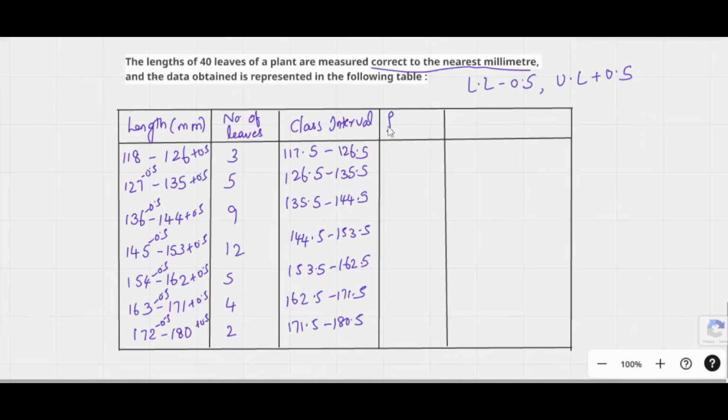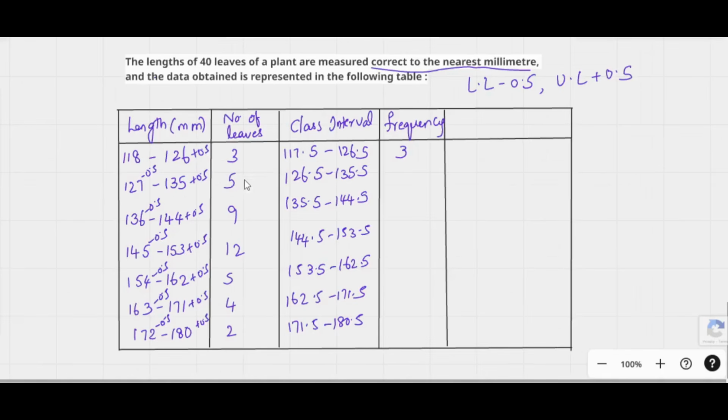Now we have to find out our frequency. The first number will be the same. When you come to the second one, this is 5. Can you see any kind of less than or in between here? No, right? They gave the length of 40 leaves, the total number of leaves of a plant directly, so this will be our frequency only.